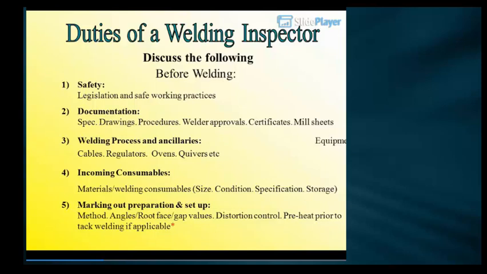Duties of a welding inspector. Discuss the following. Before welding. Safety, legislation and safe working practices. Documentation: spec, drawings, procedures, welder approvals, certificates, mill sheets. Welding process and ancillaries: equipment, cables, regulators, ovens, quivers, etc. Incoming consumables.